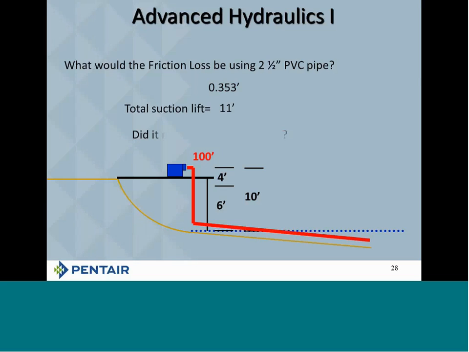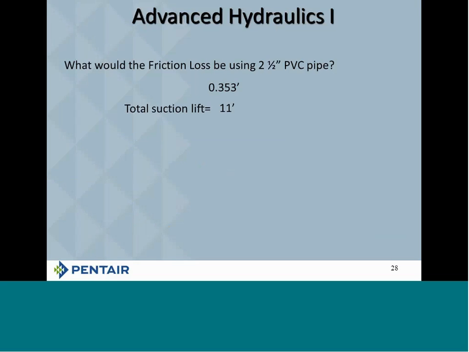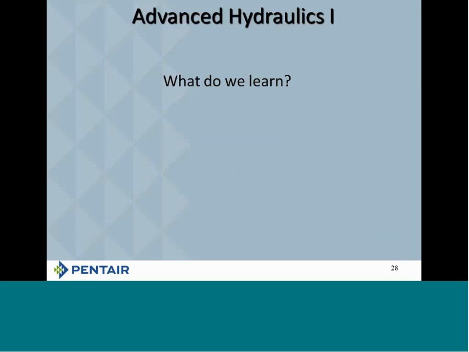Okay? So the question now comes up is, did it really make a difference at this point to put in the next size larger pipe? And the answer should obviously be no. It made no difference at all. So if it didn't make any difference to put in a larger piece of pipe, what did we just learn then? And what we just learned is this.